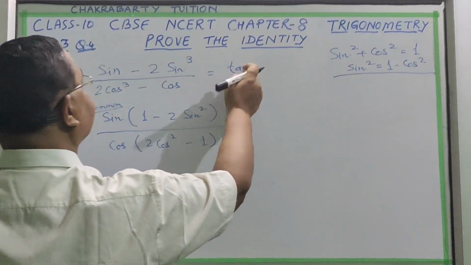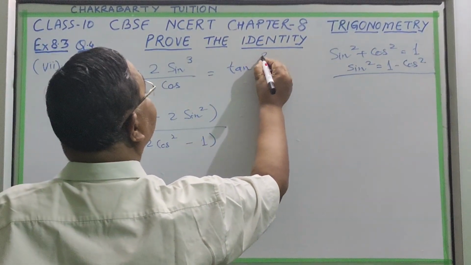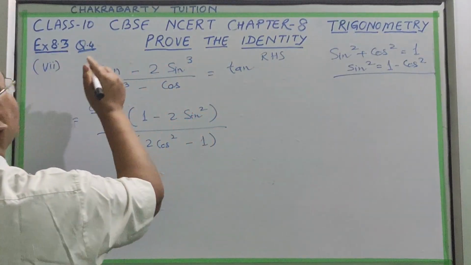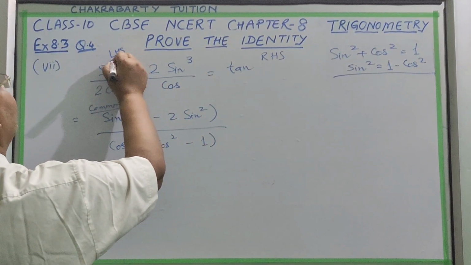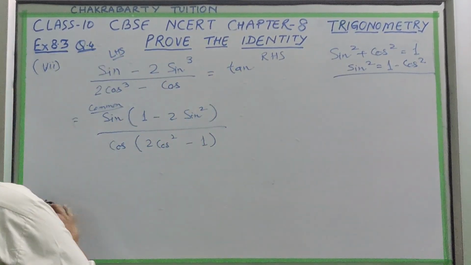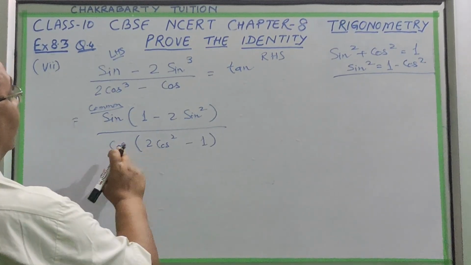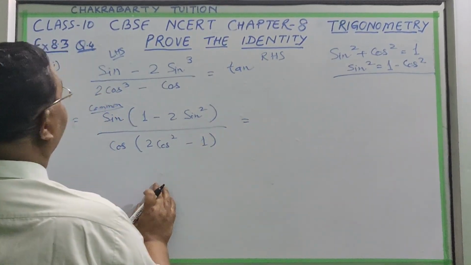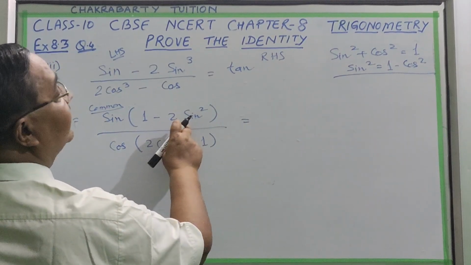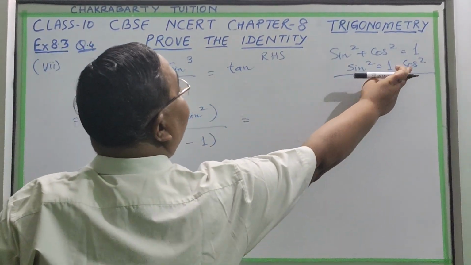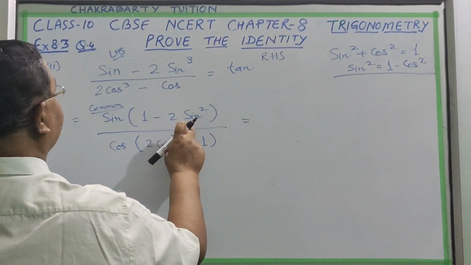This side is your RHS, so we are proving the LHS. LHS first we will prove and see whether tan is coming or not. So after this, what can we do? Sine square is 1 minus cos square. So here we will make some changes.